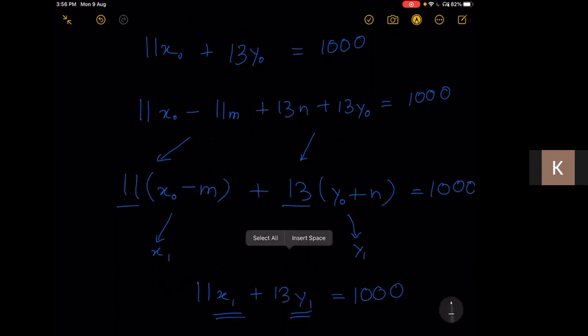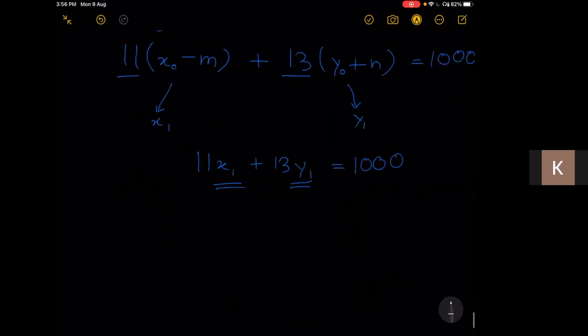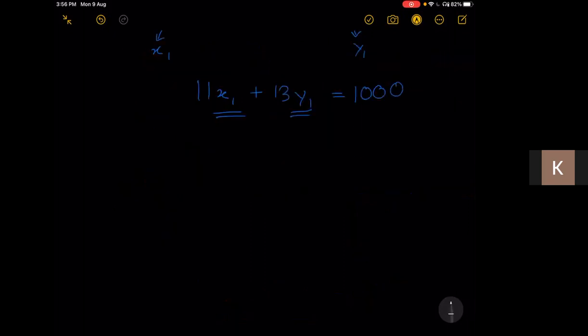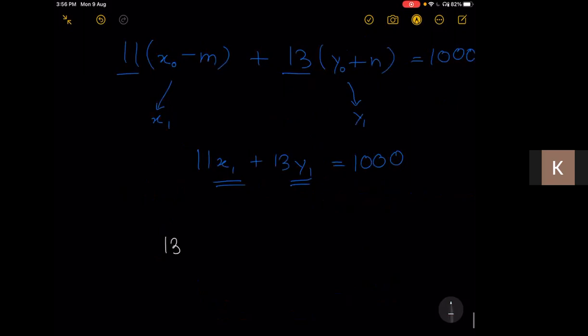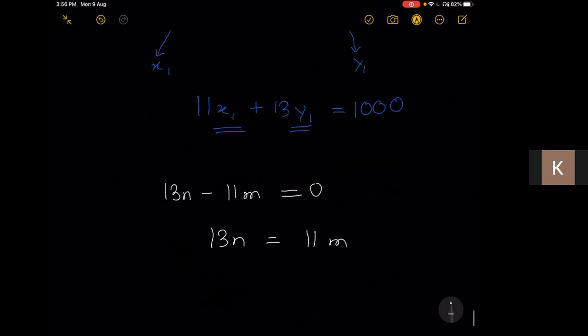Now this thing needs to cancel perfectly, obviously. So 13n minus 11m equals 0. So 13n equals 11m.